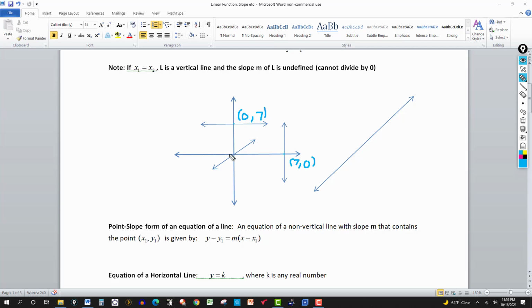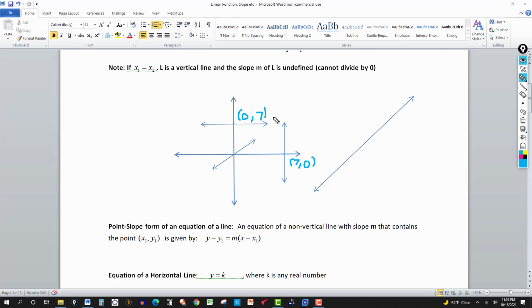Over here to the left, 1 unit to the left, that'll be -1 and go up, that'll be the point up here, (-1,7). 2 units to the left and then go up, (-2,7). So in this case, for the horizontal line, you notice that the y value is always the same. It's always going to be 7. The x is going to vary from 0 to positive numbers to negative numbers on the left.